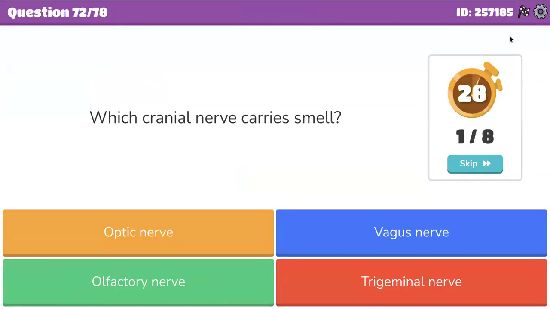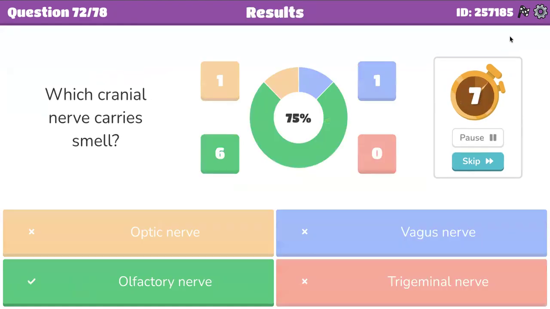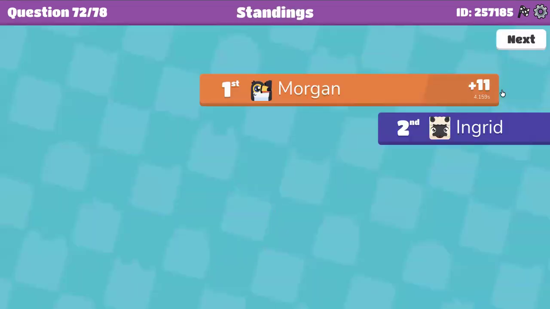Which cranial nerve carries smell? Olfactory nerve. Factory.